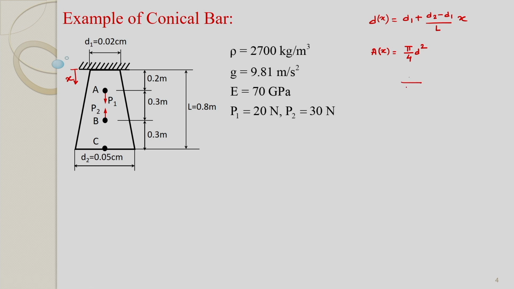Because there are two point loads at point A and point B, we require nodes at these 2 points. Hence we require a minimum of 3 elements to model this problem.